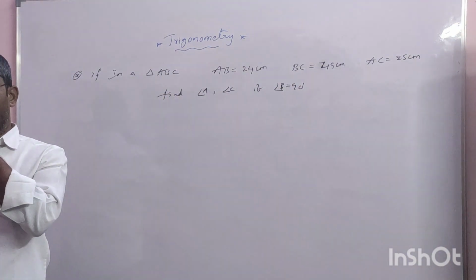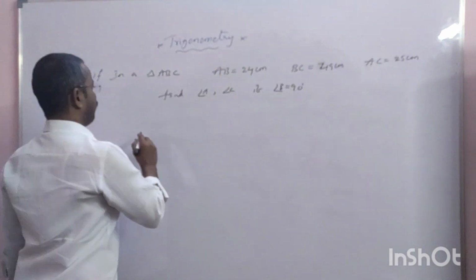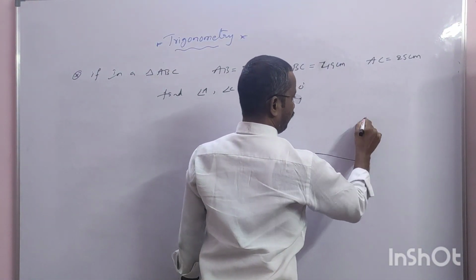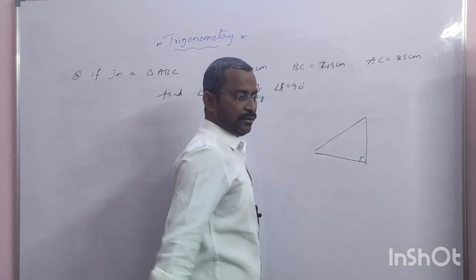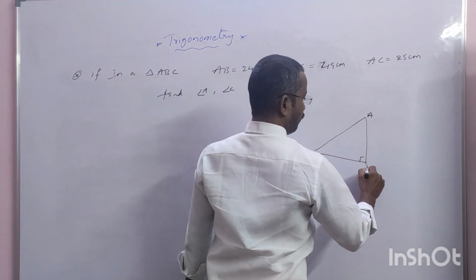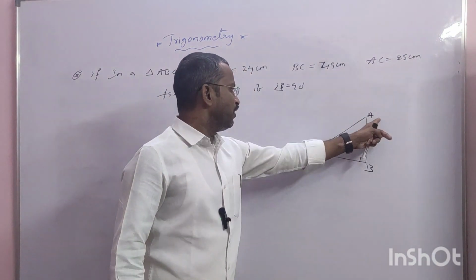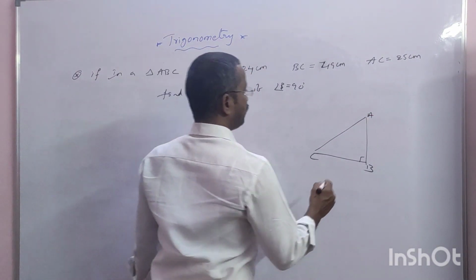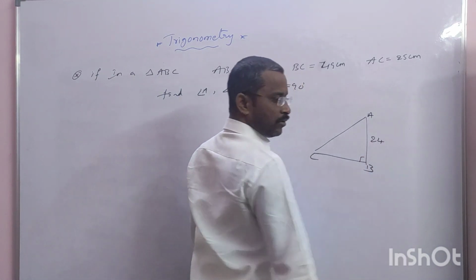This is the question sometimes you will be asked. First write the data and make a triangle. What he said, angle B should be 90 degrees. Yes, this is your 90. A, B, C. You can change, A here, B here, C here, not a problem. Next, AB, how much is given, Nana? 24.